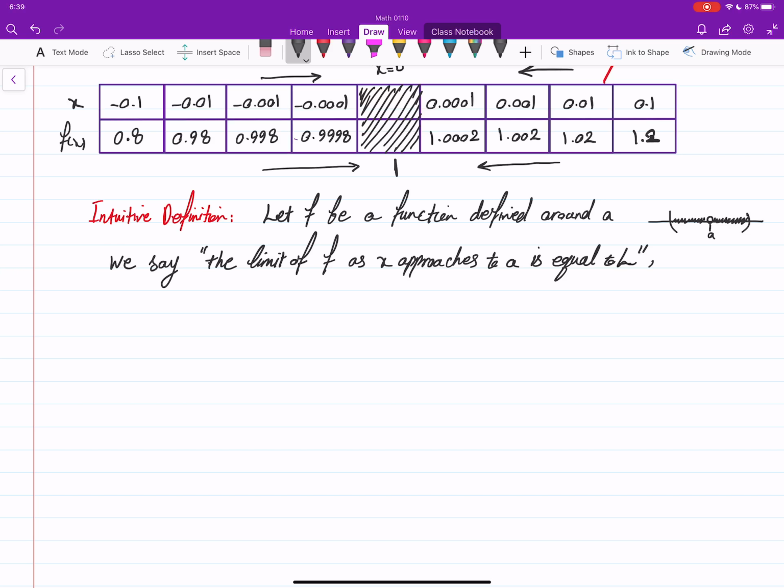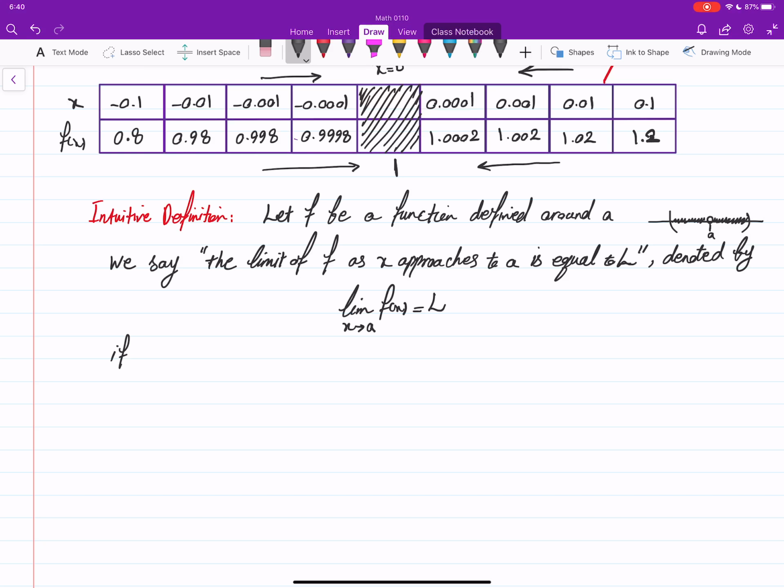The way we write it is by this very short notation: lim of f of x as x approaches a equals L.